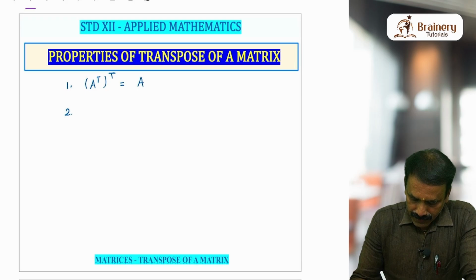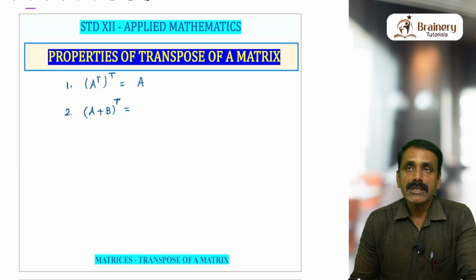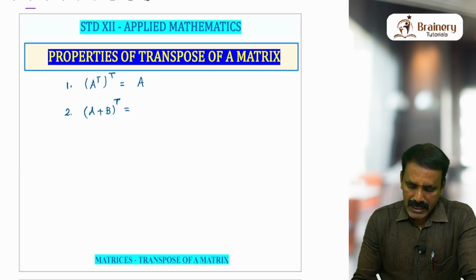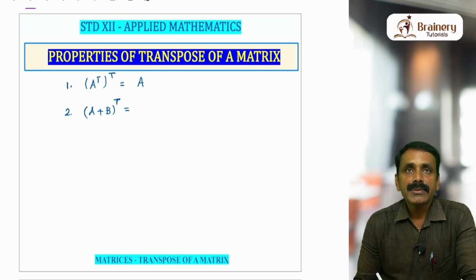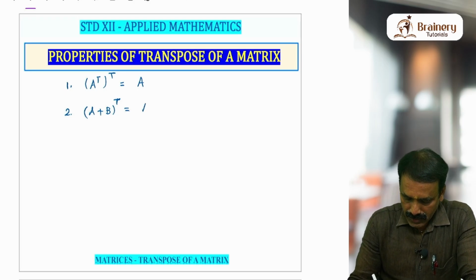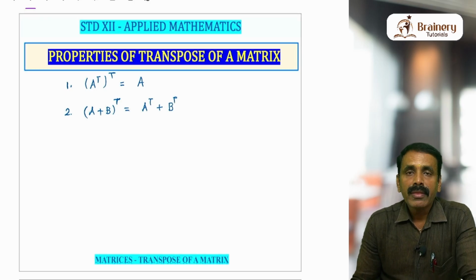Second one, A plus B whole transpose. That is finding the transpose for the sum of two matrices. It will be equal to first finding the transpose of both the matrices, A transpose and B transpose, then finding the sum.